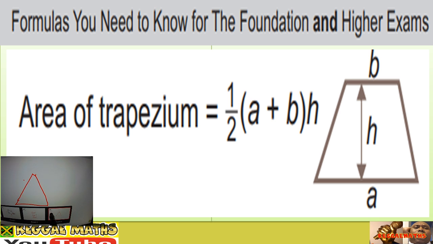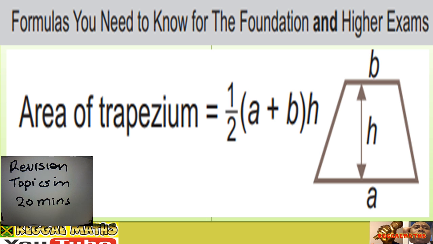Still, you need to know the area of a trapezium, which is half of a plus b times the height, where a and b are the parallel sides. For any trapezium, identify the two parallel sides.